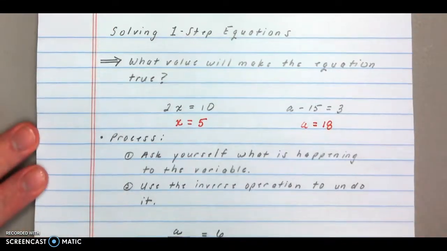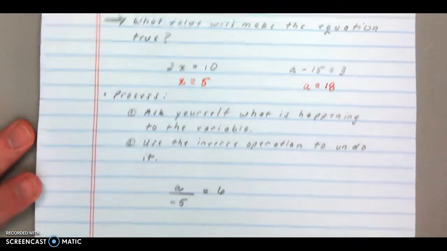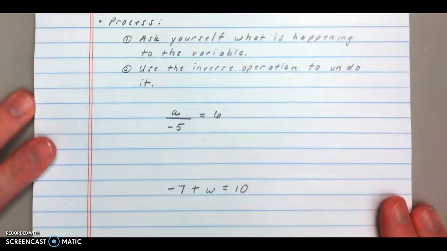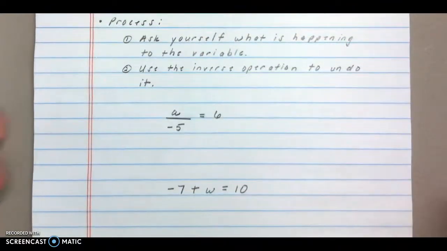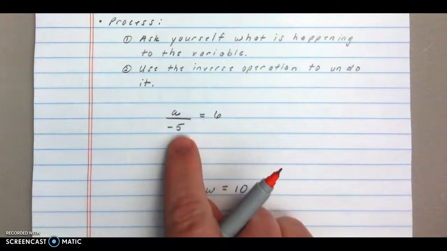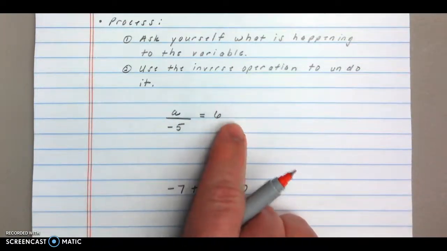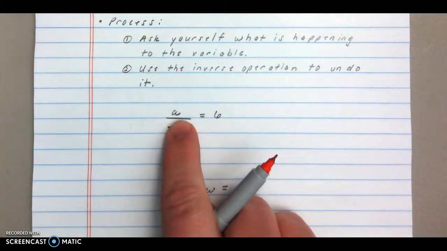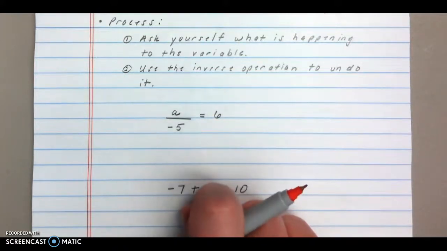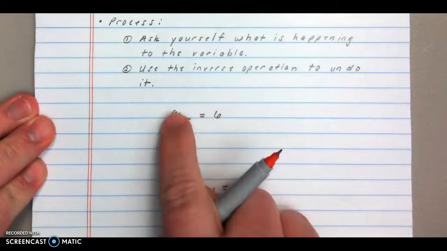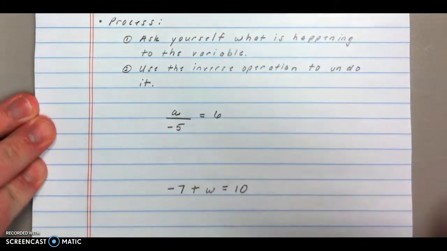So I have 3 examples that we're going to look at, all a little bit different. So the first example is a divided by negative 5 equals 6. So remember that that fraction bar means division. So if we ask ourselves what is happening to the variable, it's being divided by negative 5.